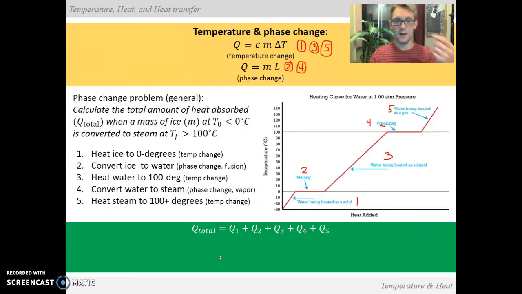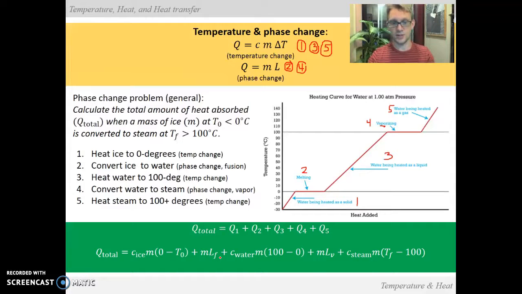So if we then go through and put in our temperature change or phase change equation, then we get something like this, which looks lovely. But if we take things out and move things around, take out some of the zeros, then we end up with this. Essentially, it's the sum of all of these various steps.